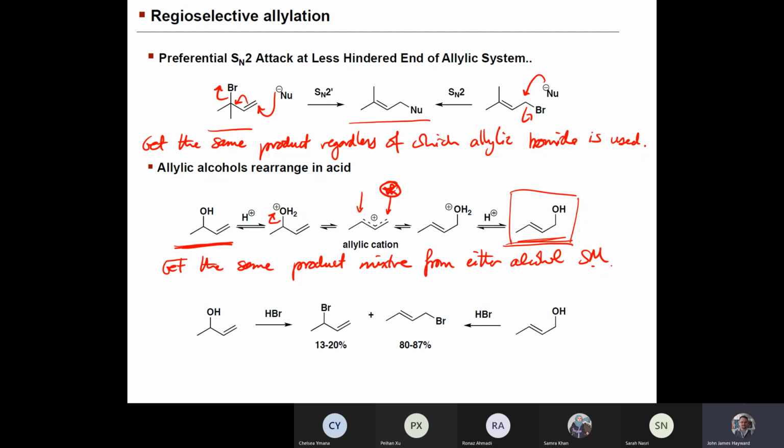And you can see this happening when you treat these alcohols with HBr.